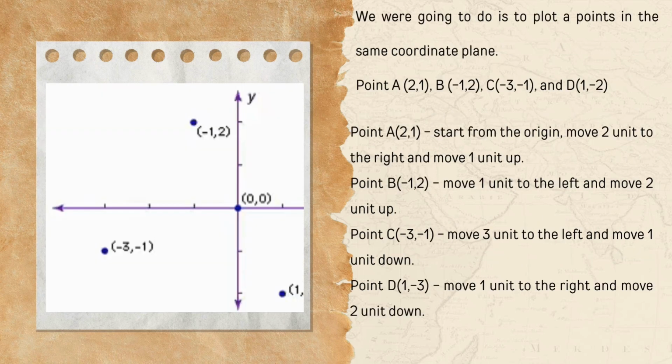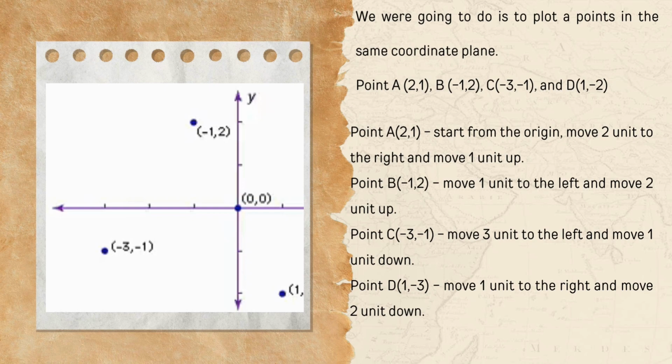What we're going to do is plot points in the same coordinate plane. We have points A, B, C, and D. Point A has coordinates (2, 1). Starting from the origin, move 2 units to the right and 1 unit up.